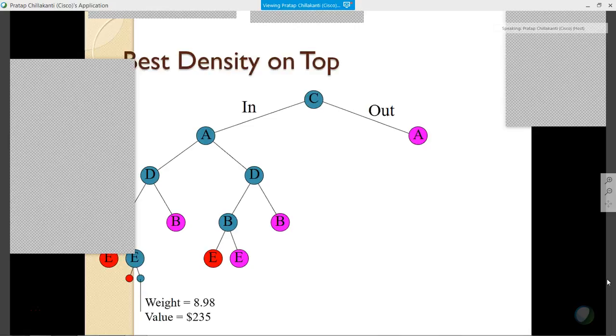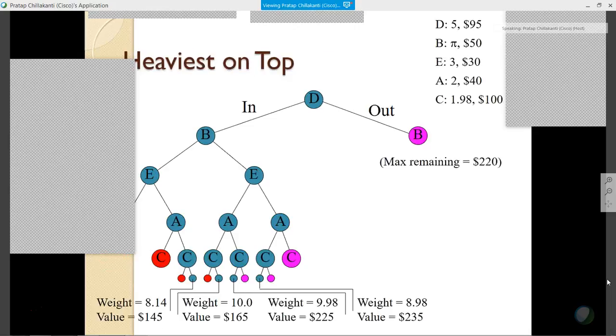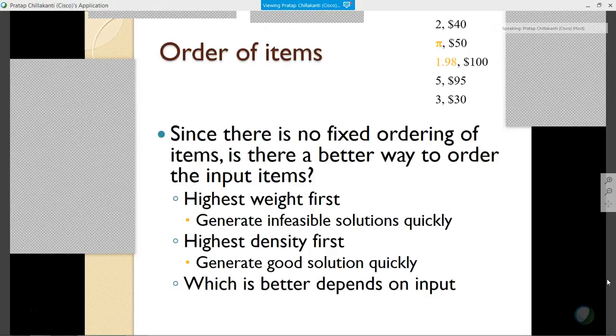Now, best density on top. I didn't quite understand what density was. Was density based on ratio? Let me see. C is the best density. Can somebody tell me why? Density is basically best value on top. He took the biggest bang for the buck.